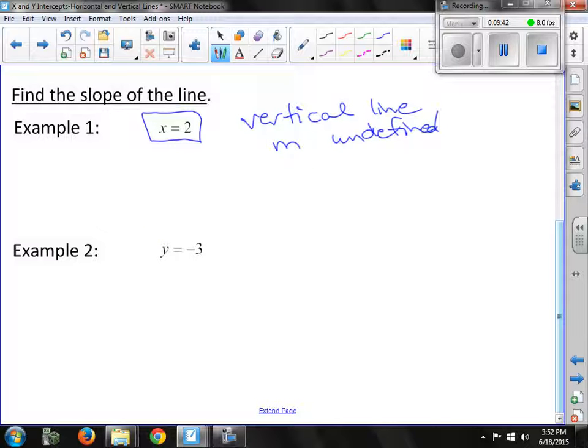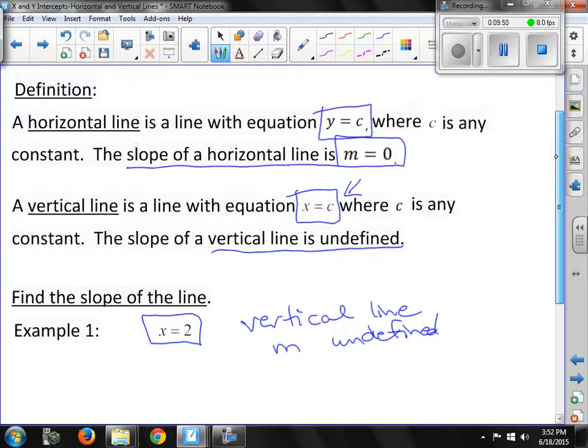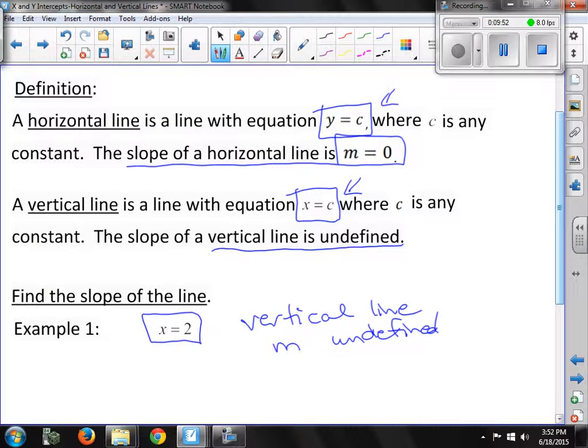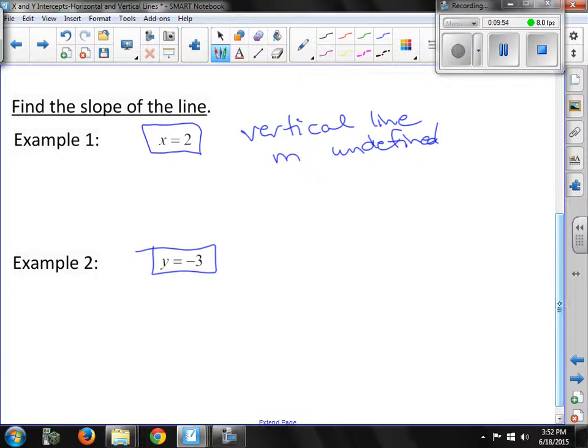Here we have y equals a constant number. So we saw in our definition up here, when you have y equals a constant, it is going to be a horizontal line and the slope is always 0.